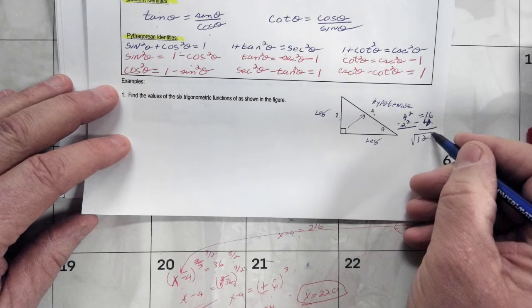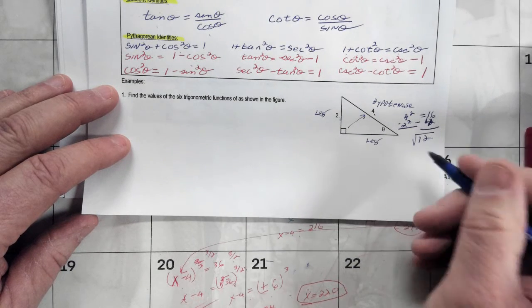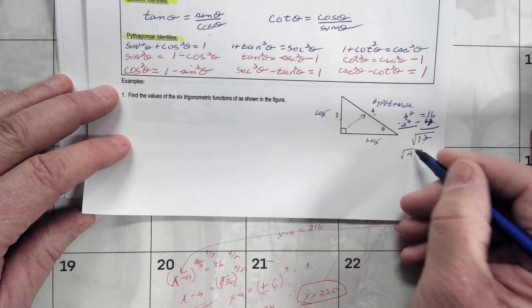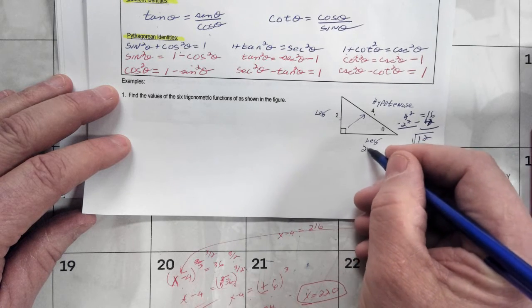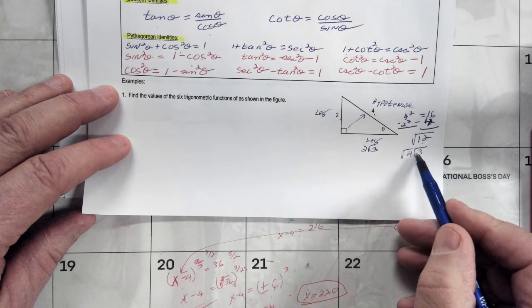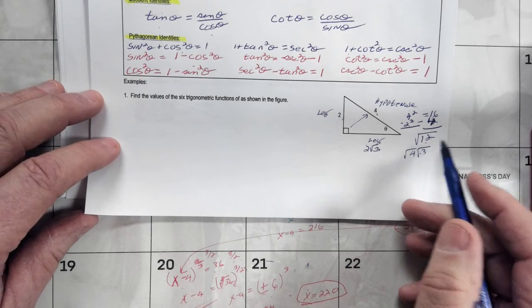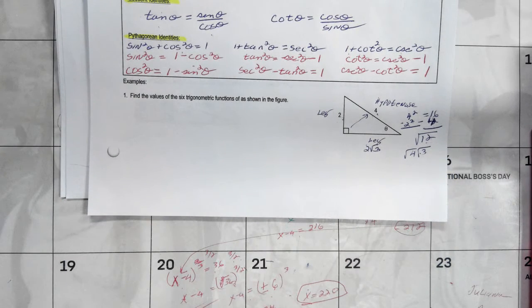Take the square root. You have to simplify square root of 12. That's 4 times 3. Root 4, root 3. The missing leg is 2 root 3. Please note you'd get plus or minus there, but the side of a triangle is always positive. Got that? Once you have that done, you can quickly do the 6 trig functions.